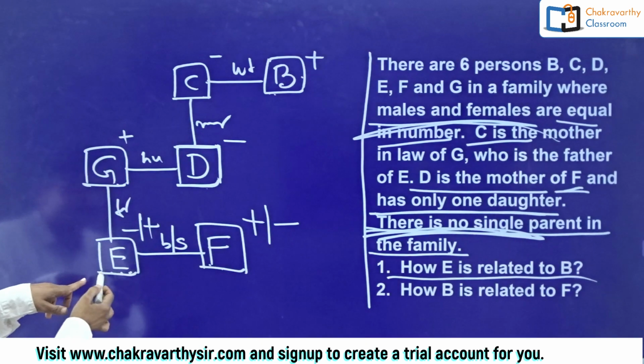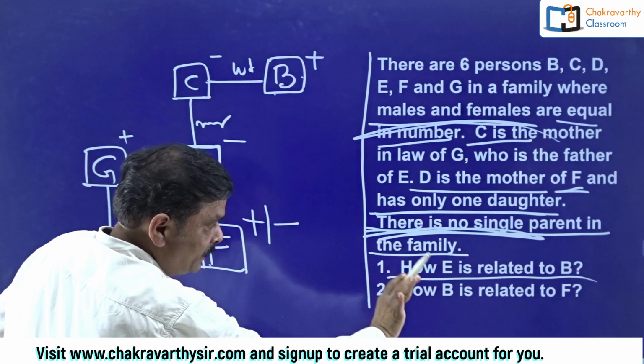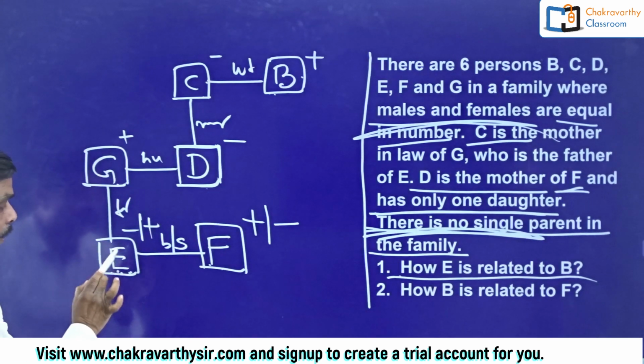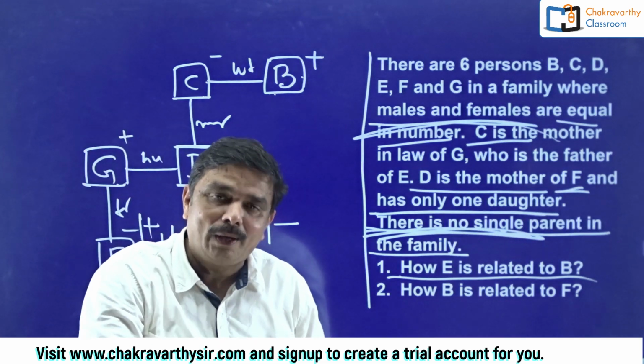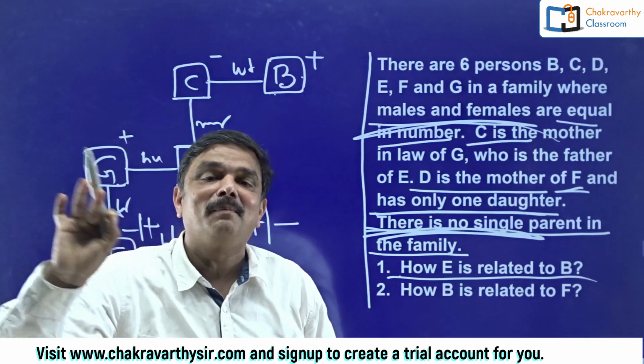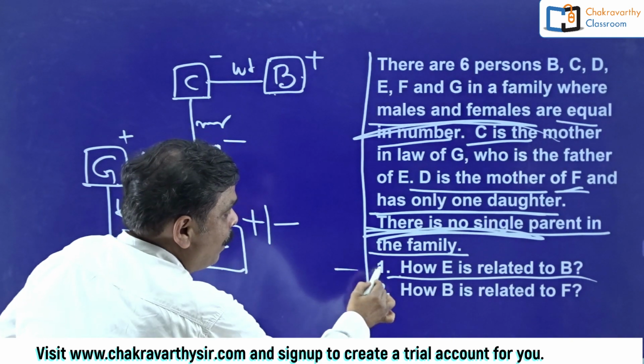So whether male or female, I don't know. If in the options it is given as grandson or granddaughter, that is the right one, or grandchild, that is the right one, or cannot be determined can be the answer. Data inadequate can be the answer. You have to go by the options here.